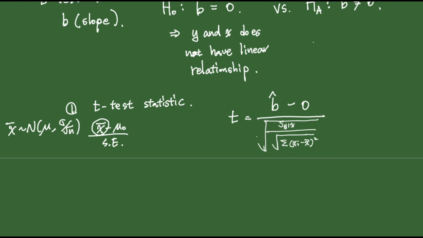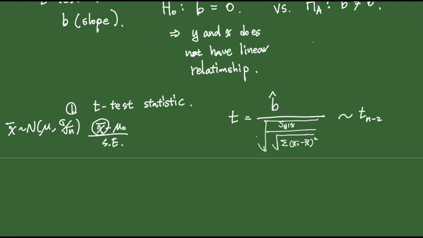Like this. Okay, so since we have 0 here, I can just erase it. So this is my t-test statistic. And I know this will follow the t-distribution whose degree of freedom is n-2. Okay?